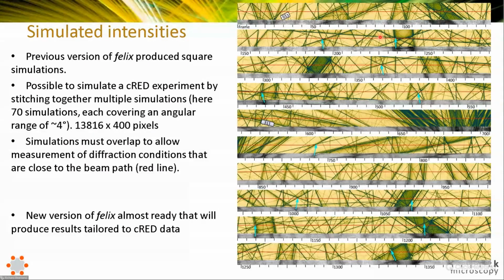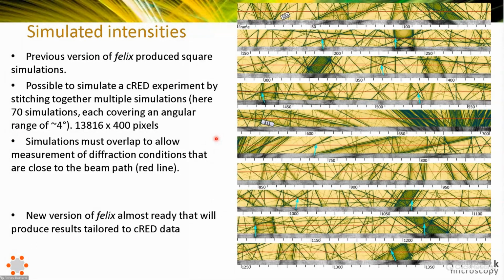This red line represents where the initial output from PETS said the beam orientation was as you rotated it. And these are your frame numbers along the bottom. And you can see as you go through, every time you hit one of these black lines, you've hit a diffraction condition. And so you produce a spot in the diffraction pattern away from the direct beam.